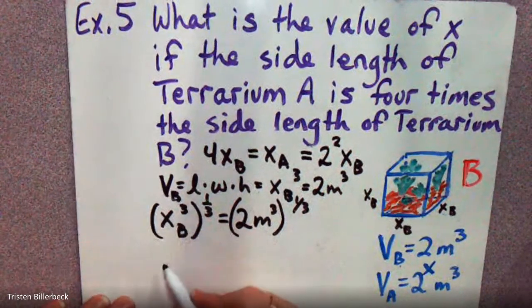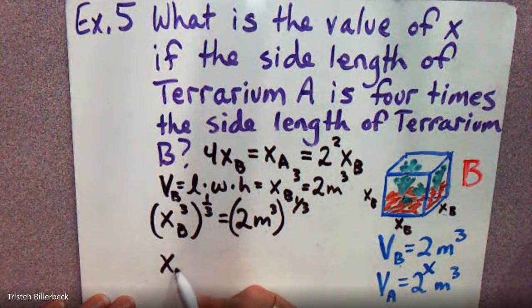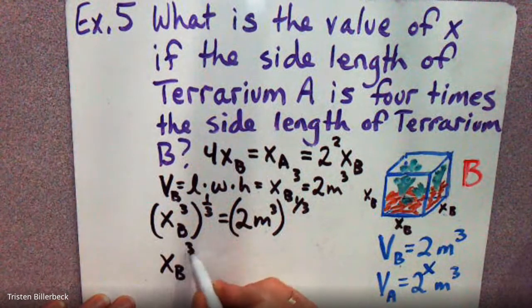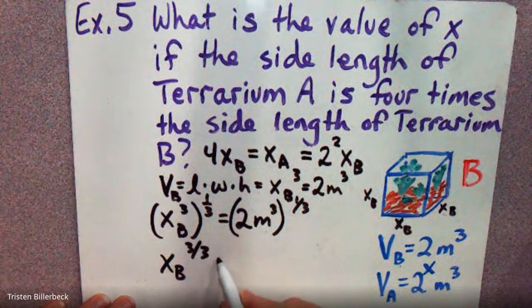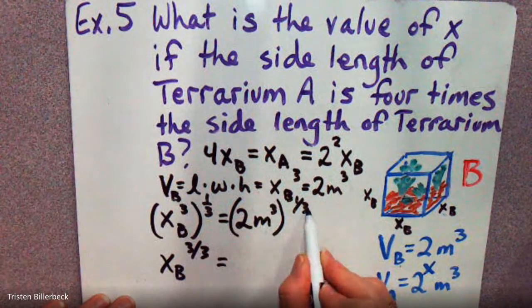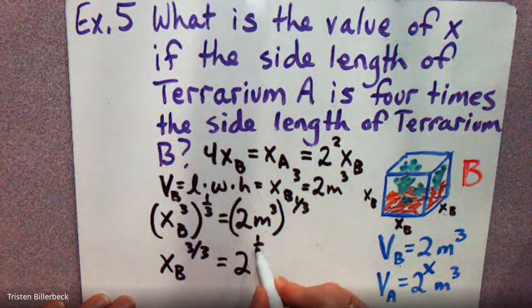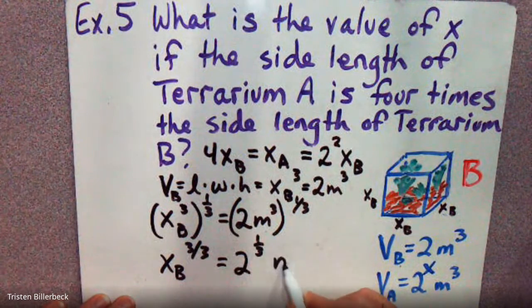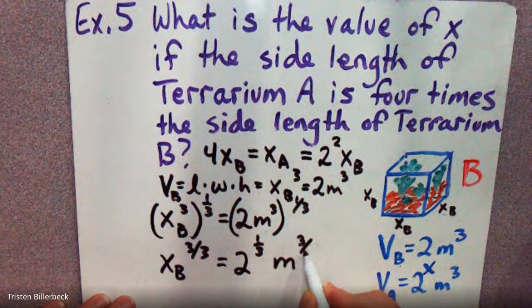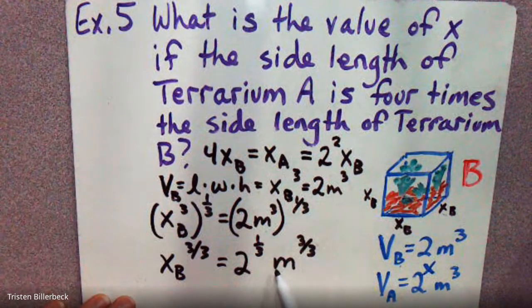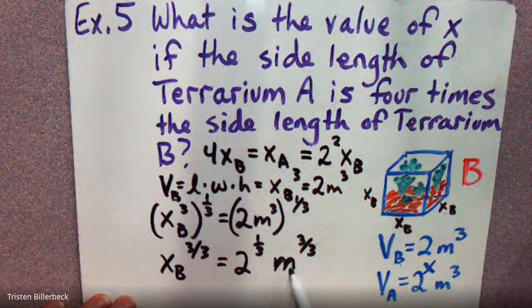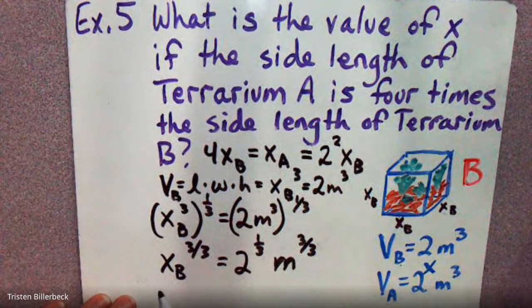Okay, so if I have x^b to the 3/3 equals, now I'm going to distribute this. So I have 2 to the 1/3, and I have meters cubed over 3, because this is a unit, not a variable. But remember, we're looking for a length of a side.